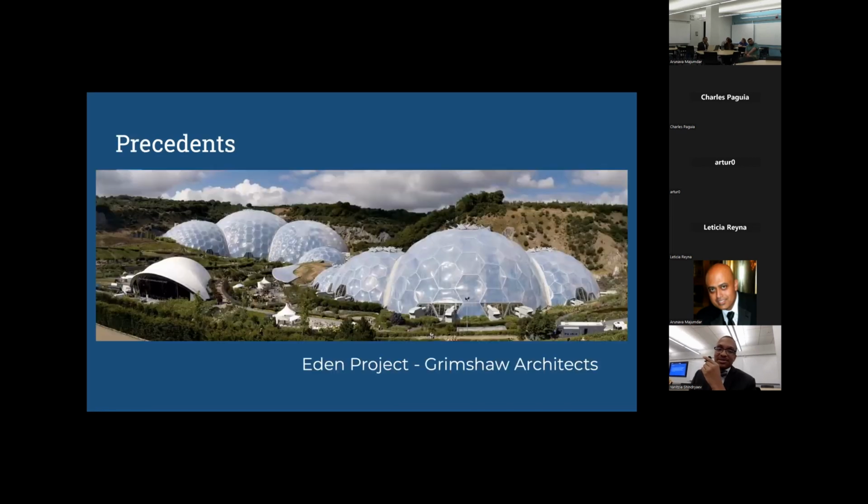Here was one of the precedents. We have the Eden Project based on the Grimshaw architects. It offers a lot of different angles that will not only make it very easy, but also I would say access easy for night sky viewing and a really nice location, not really obstructing the view.